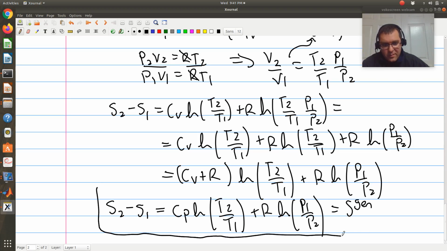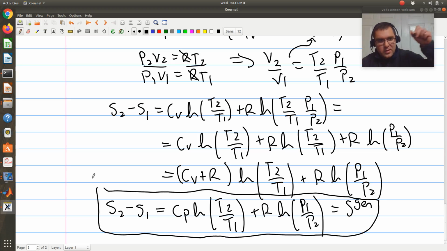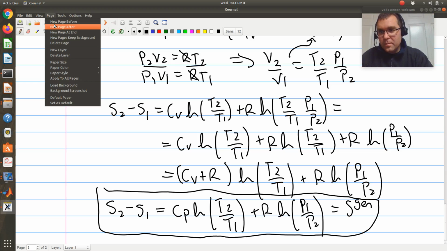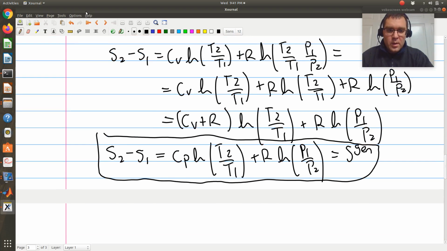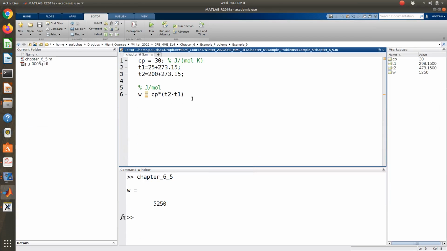All right, so good. I've got my temperatures already in absolute units. So let's get our pressures in MATLAB, R, and we can calculate S gen. R is 8.314, that's joules per mole Kelvin.